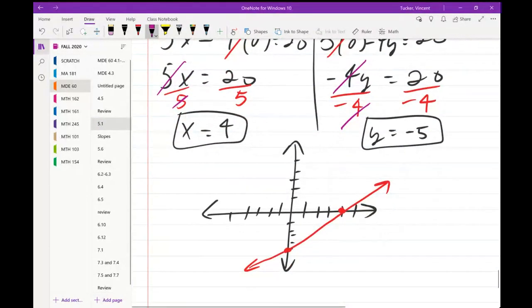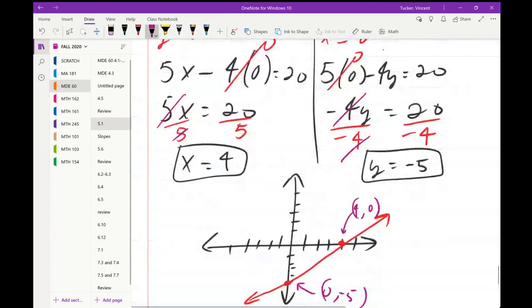All right, so graphing those 2 points. Go to the right 4, and nowhere for y, that's 4, 0. Then 0 for x, then down 5. So 0, negative 5.